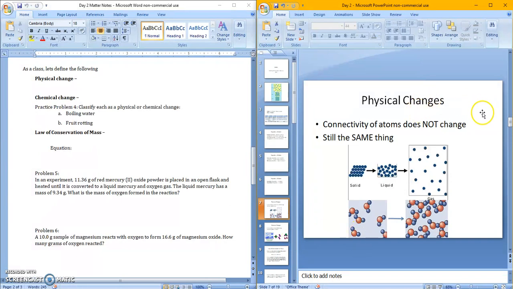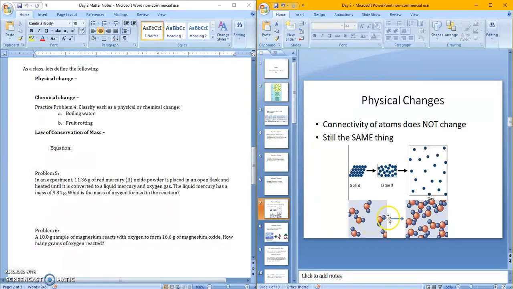A physical change does not change what that substance is. It has no effect on how the atoms are connected. Okay? So water, if you look down here, water has an oxygen with 2 little hydrogens popping off. Okay? And in a phase change, or in a physical change, the water molecules are just getting slowly pushed together, or getting more freedom.